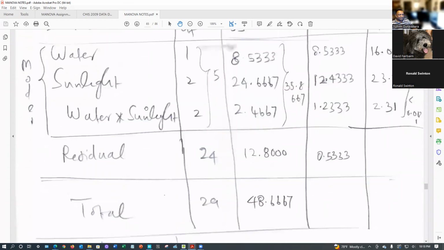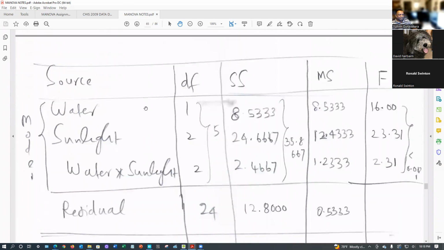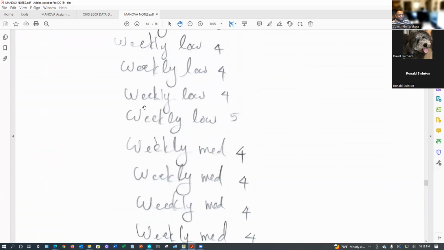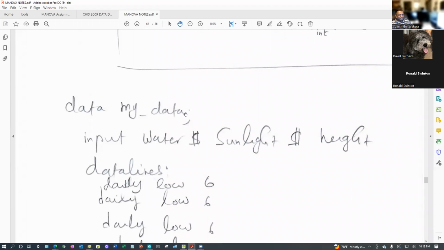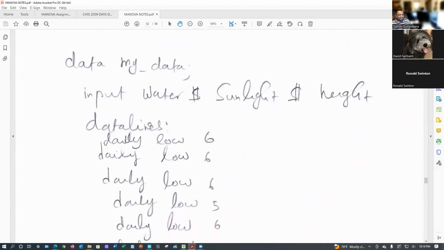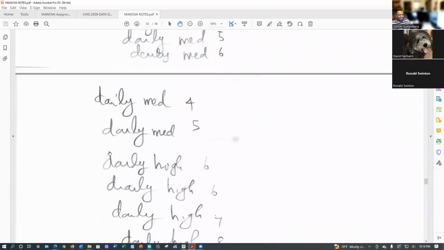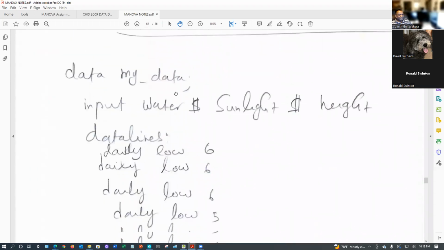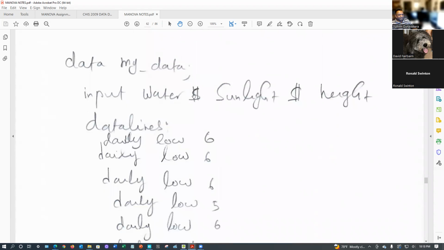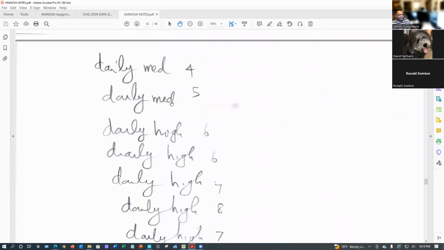In the univariate case, water and sunlight are the 2 factors. Water has 2 levels, daily and weekly. Sunlight is categorical, so you have to put it in dollar signs: low, medium and high, three levels.